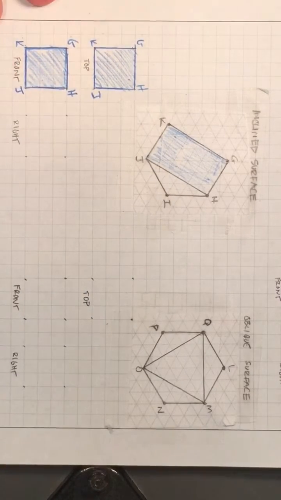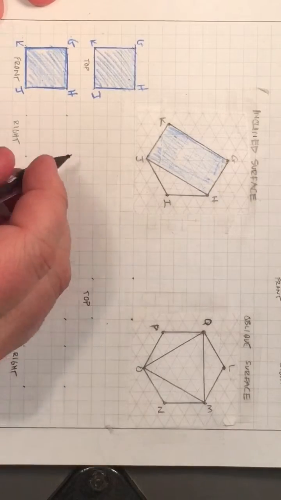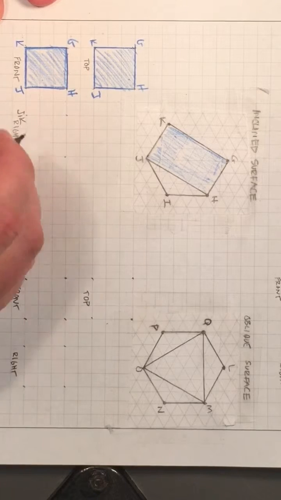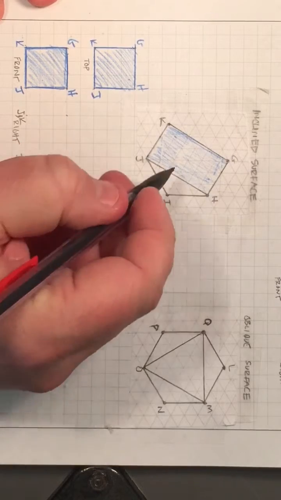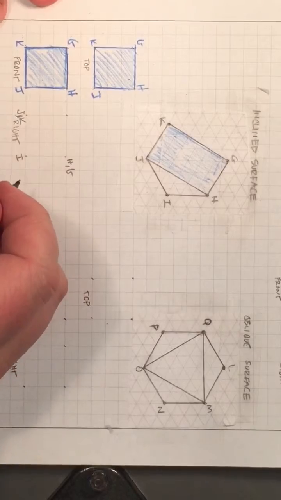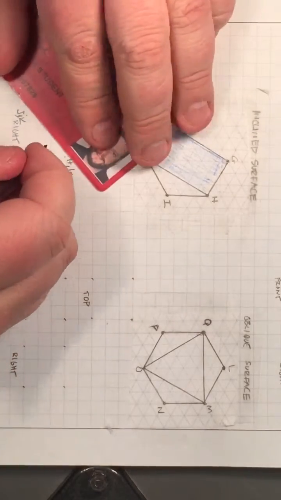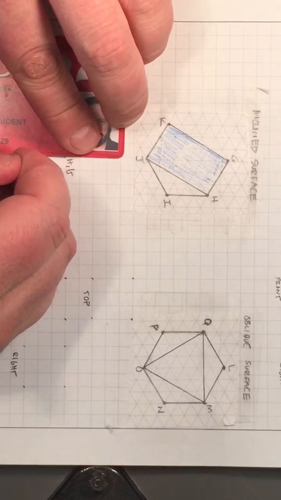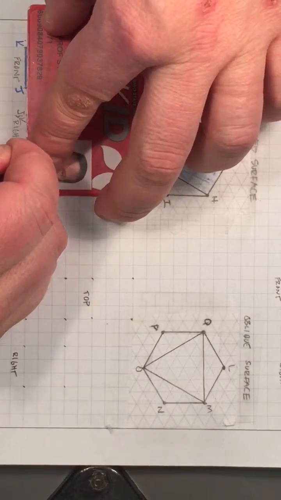Now as we look at it from the right side, this is where it gets a little trickier. From the right side, J and K are now indistinguishable, and I'm serious, I'm not JKing. And then we have I over here, we don't have a number for that point in the back. And then H and G become indistinguishable over there. And so as we draw this triangle that we see from the side, it looks like this.